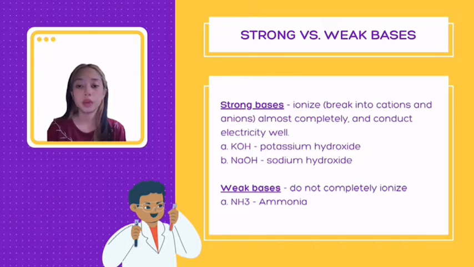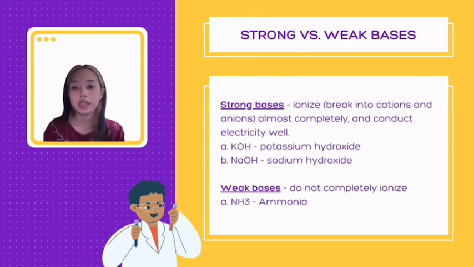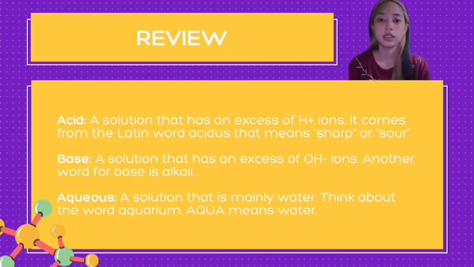Strong versus weak bases. Strong bases ionize, breaking into cations and anions almost completely, and conduct electricity well. The examples are potassium hydroxide and sodium hydroxide. Weak bases do not completely ionize. The example is ammonia.